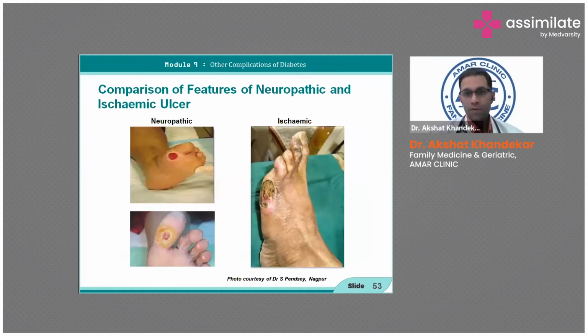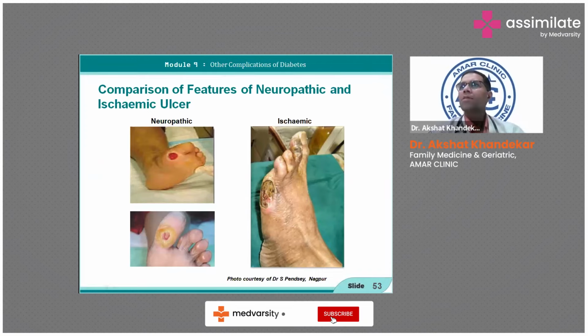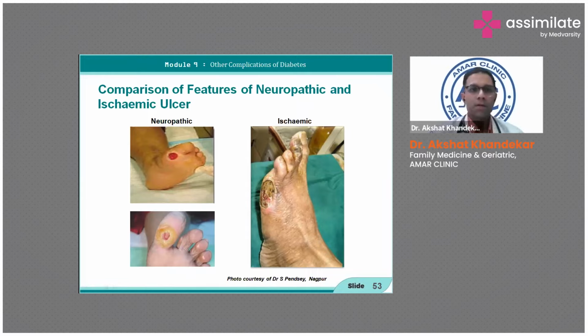So, comparison of features of neuropathic and ischemic ulcers.